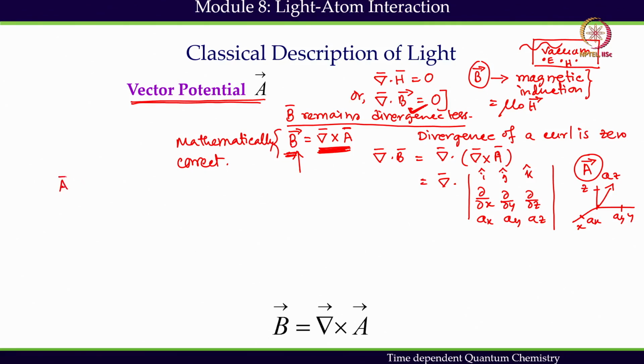So, what is A? A is a mathematical function, a vectorial function definitely, whose curl is B. So, it is representing B basically in terms of this curl notation.